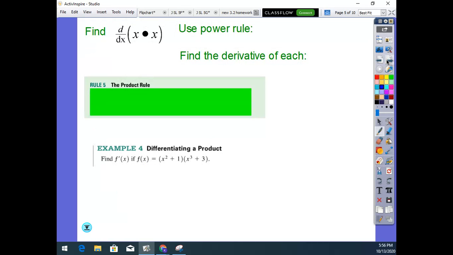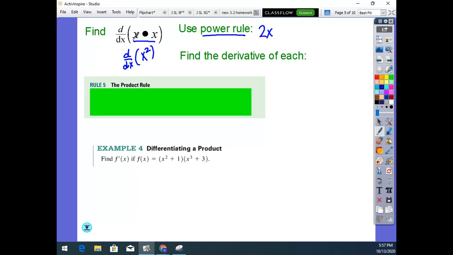Okay, so if we look at this, first of all, I want you to think about what is x times x equal? That's just x squared, right? So if we use the power rule, we bring the exponent down, subtract 1 from the exponent, and that's the derivative.